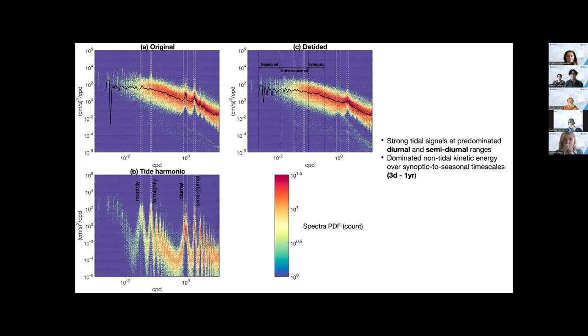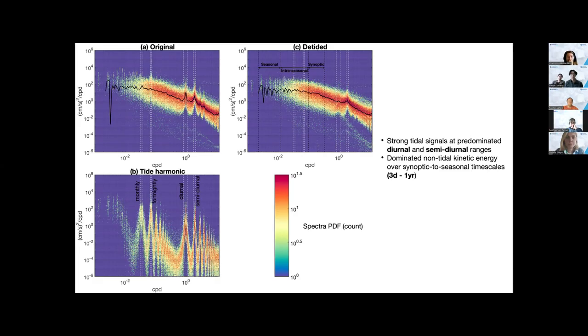The plot I'm showing here is the PDF of the spectrum that we extracted from the mooring time series. The first panel is based on the original time series, and then we decompose that into the tidal harmonics, which is the one on the bottom left, and the de-tided spectrum distribution, which is the one on the top right.